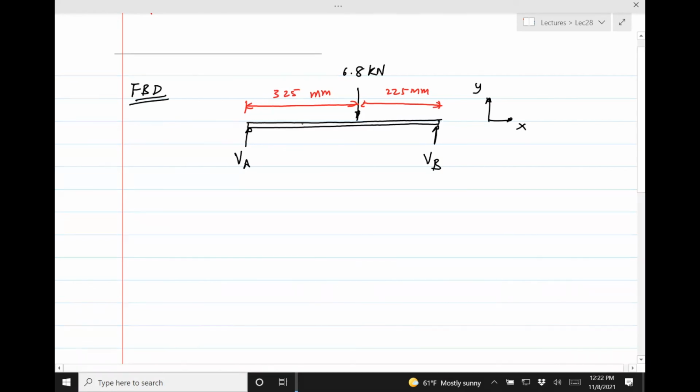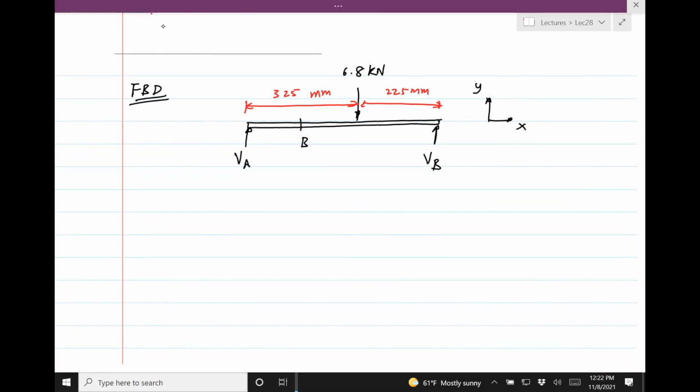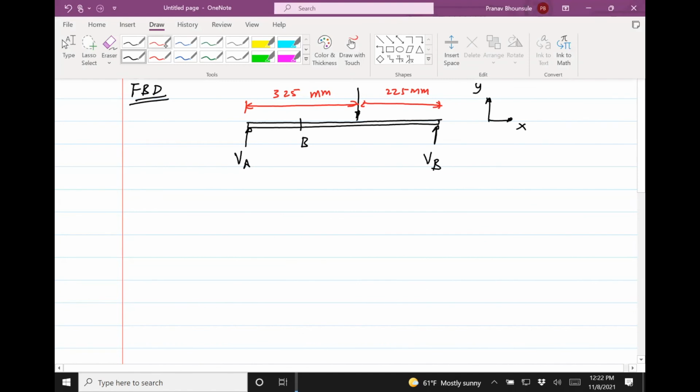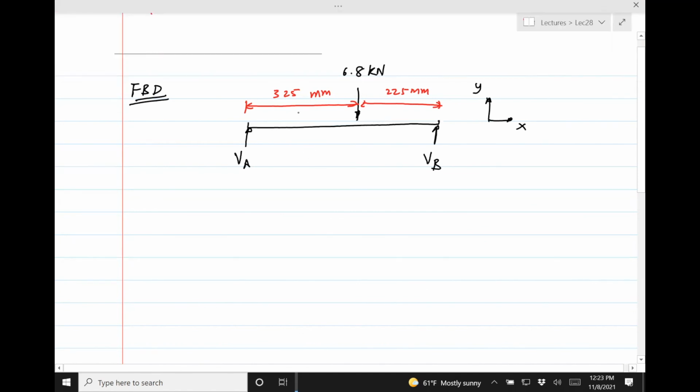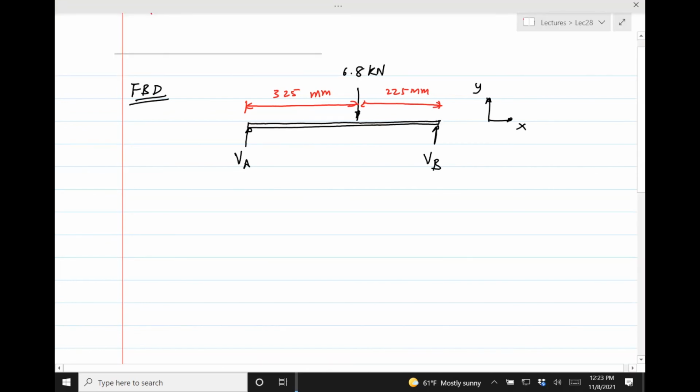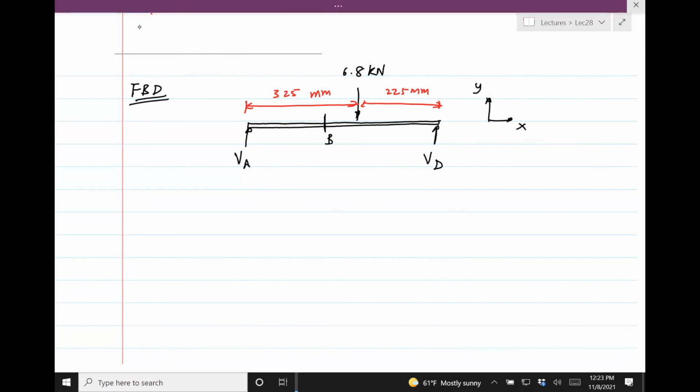B is at a distance of 0.25, sort of closer to D. Yeah, I should call this D. So that's the point D, and then B is somewhere here. That distance is 250.